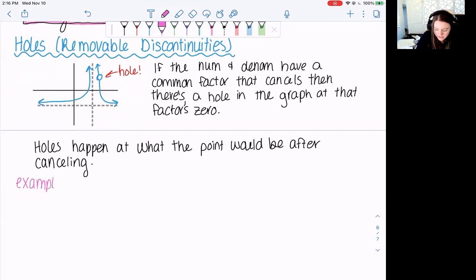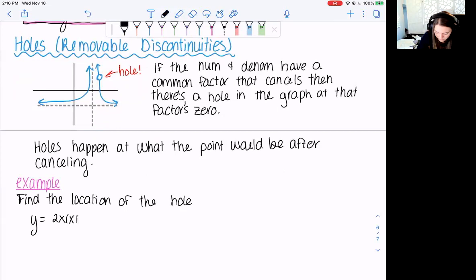Let's look at an example because that's going to make it easier. So here, we're trying to find the location of the hole.